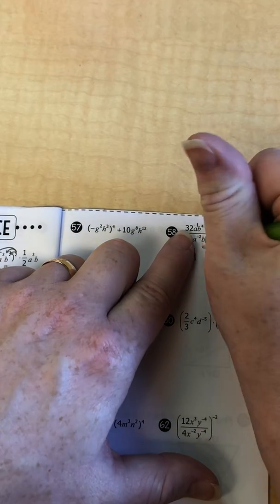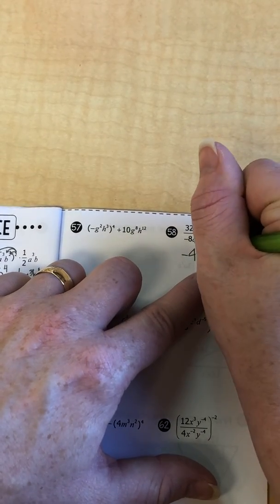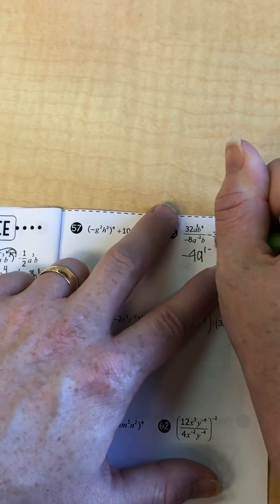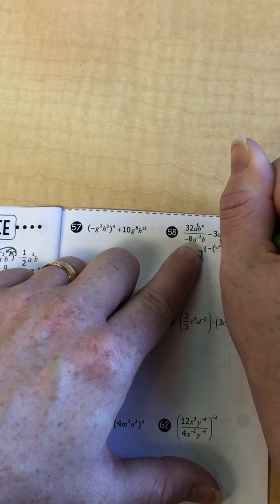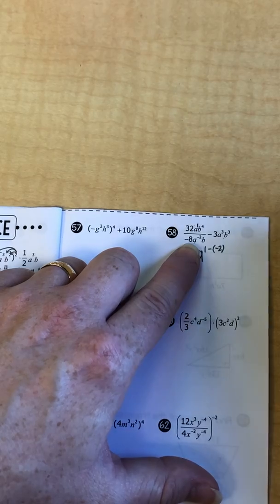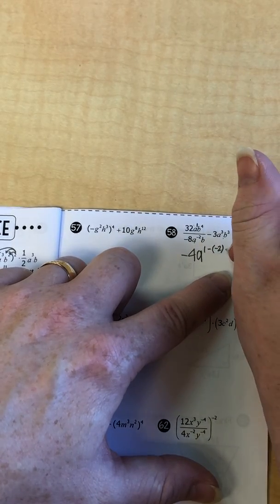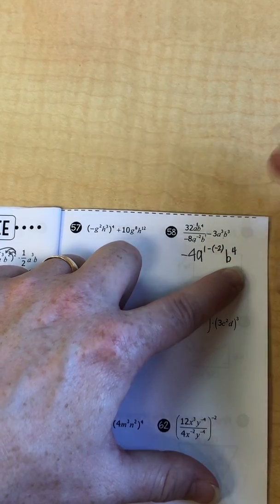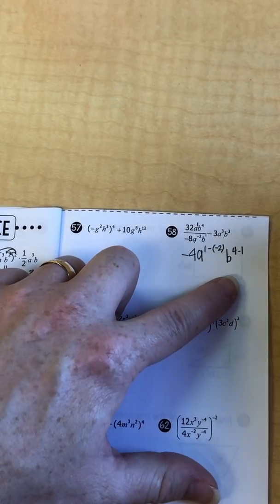There's an understood 1 right here. I'm dividing two things that have the same base, so I'm going to subtract 1 minus, and then that's a -2 right here. And then I have b to the 4th power minus the 1st power. Okay?